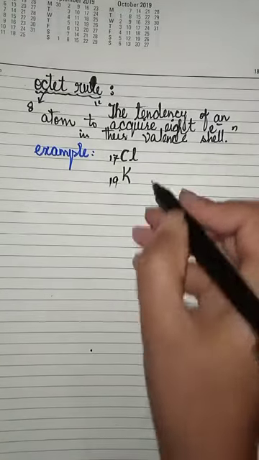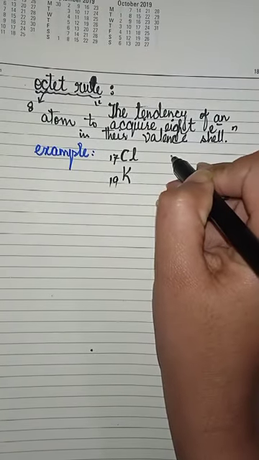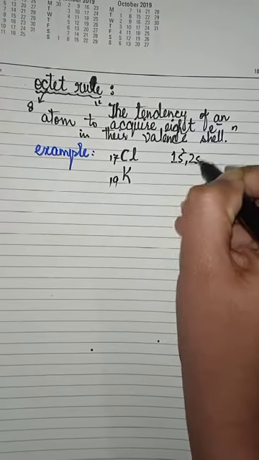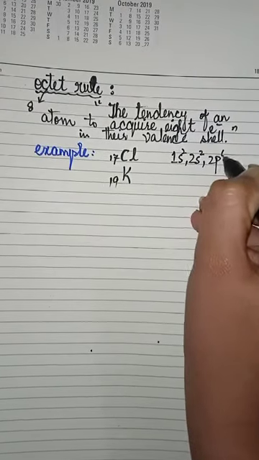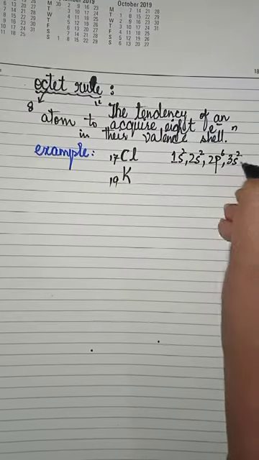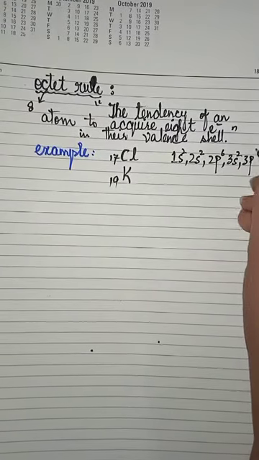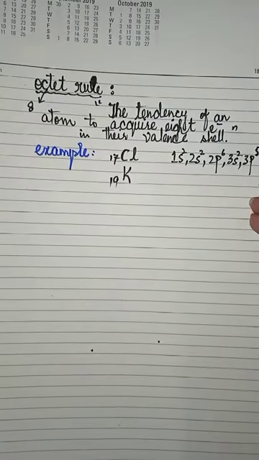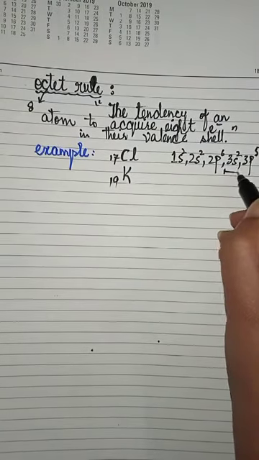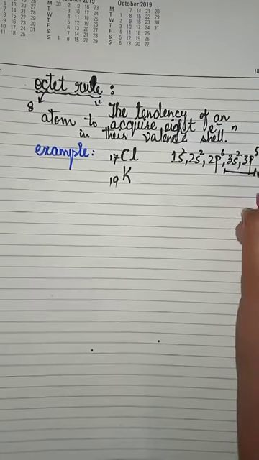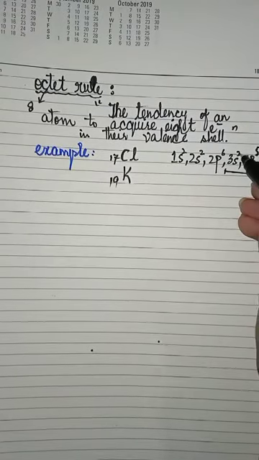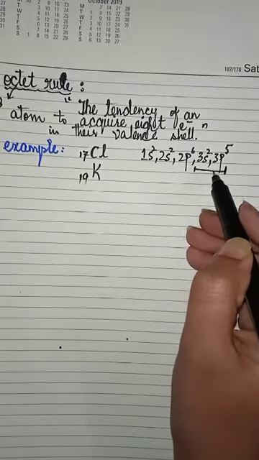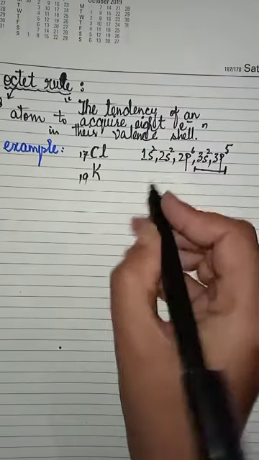You can write their electronic configuration here as well: 1s2, 2s2, 2p6, 3s2, and 3p5. So when it gets one electron, chlorine will complete its octet, 6 plus 2, 8 electrons, so it will follow the octet rule.